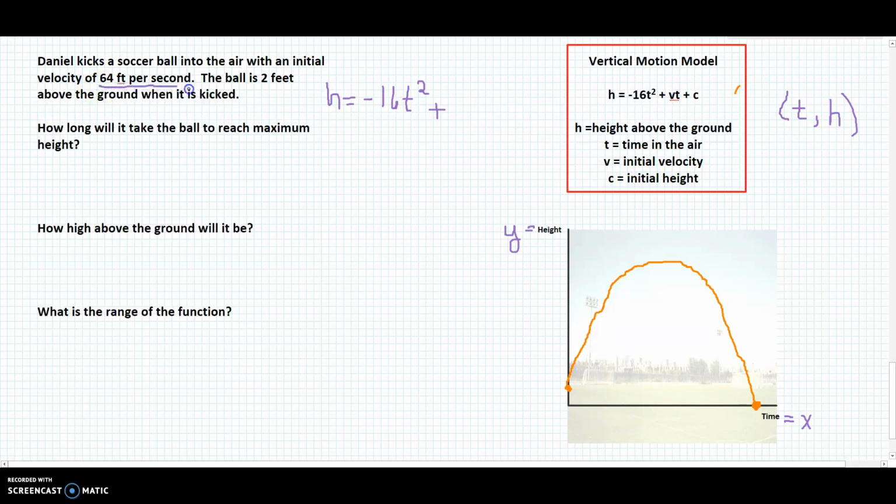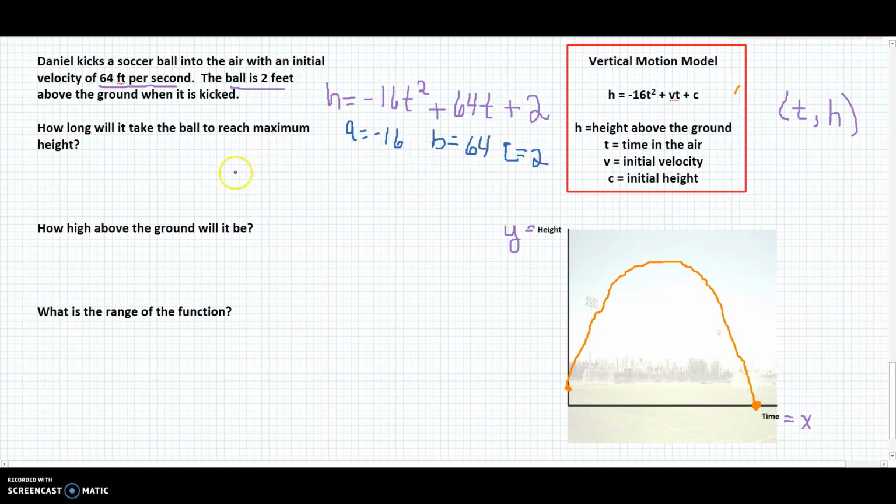And in our problem, our initial velocity was 64 feet per second. So we can say that's 64t plus, and c is the initial height, and the ball is 2 feet above the ground, so c is going to be 2. So we can determine that a equals -16, b equals 64, and c equals 2.